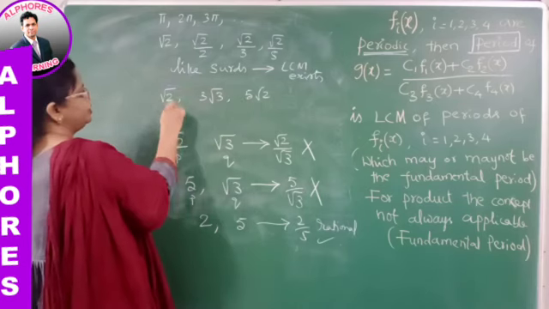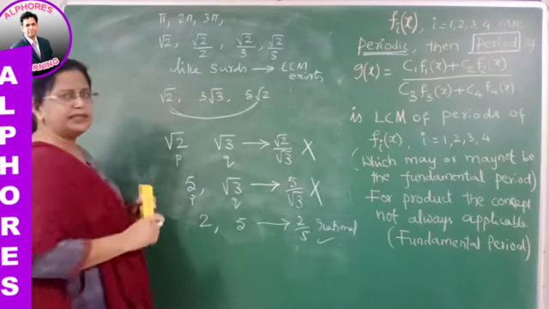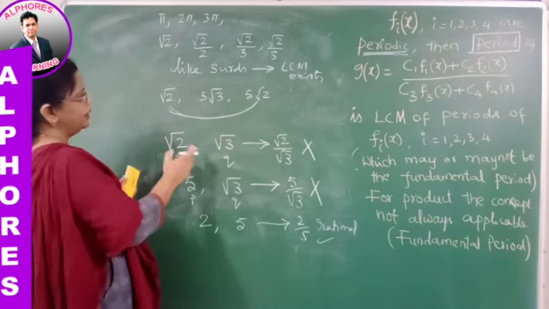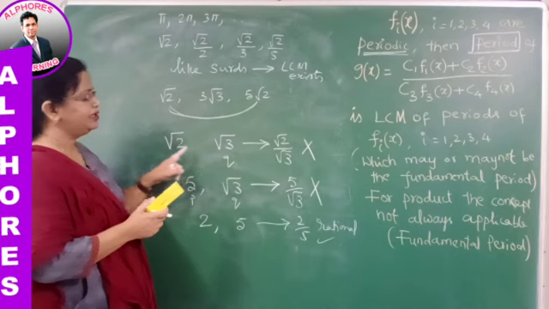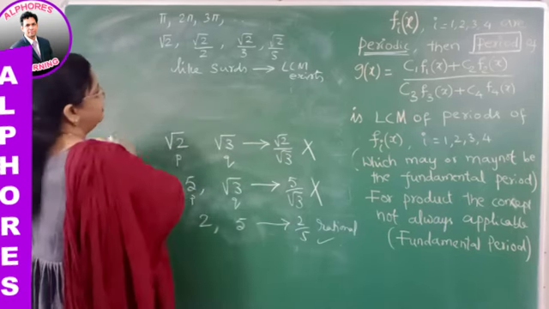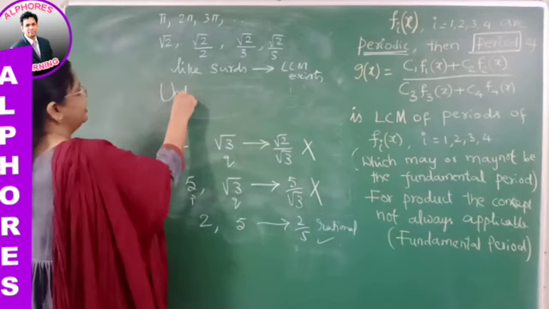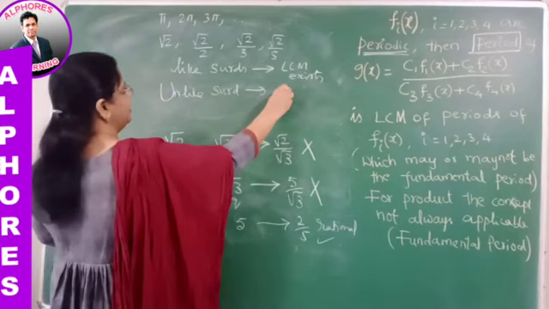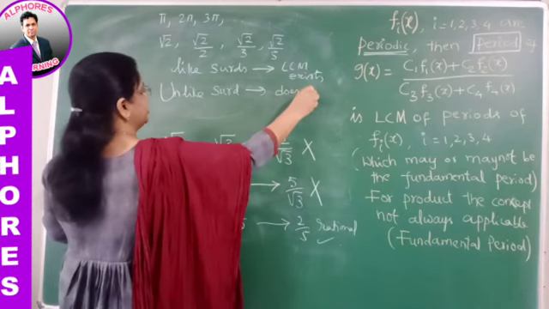Though these two are like surds, you cannot write the LCM here. So here also the LCM does not exist. The reason is that these are unlike surds. Therefore for unlike surds the LCM does not exist.